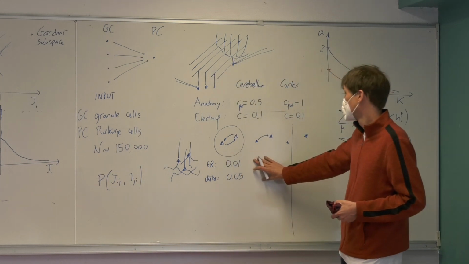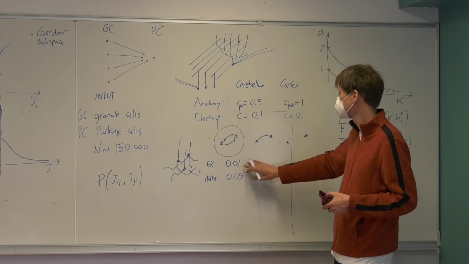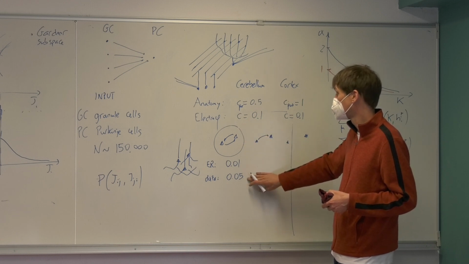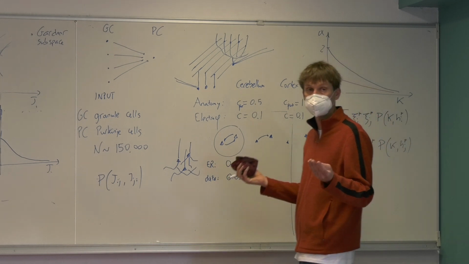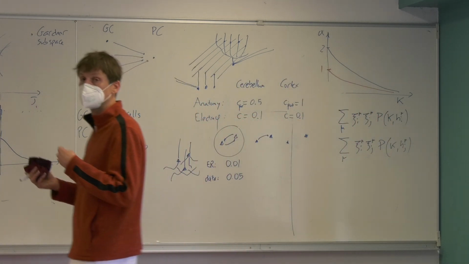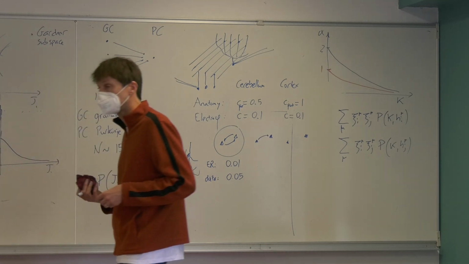In fact, at the observed connection probability c equals 0.1, you find a very close agreement with the data. You see this overrepresentation of bidirectionally connected weights, which is very close to what you see in the data.